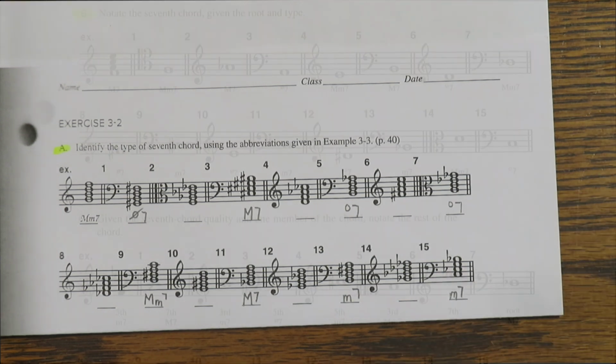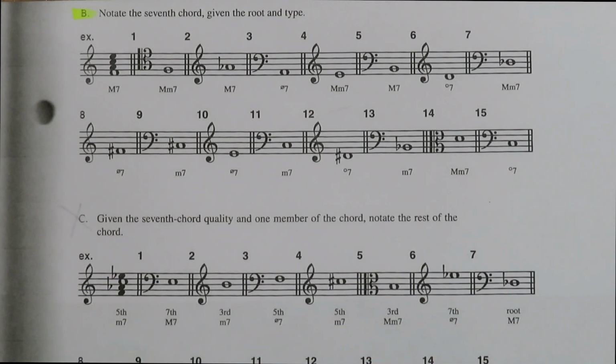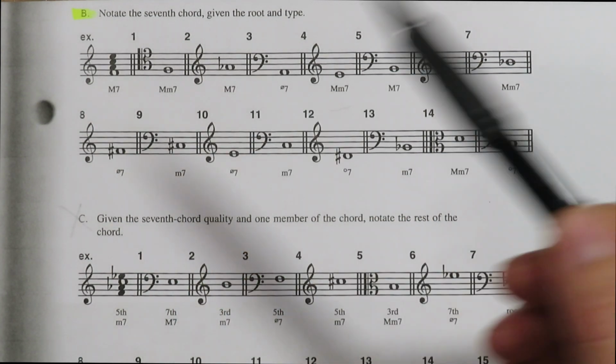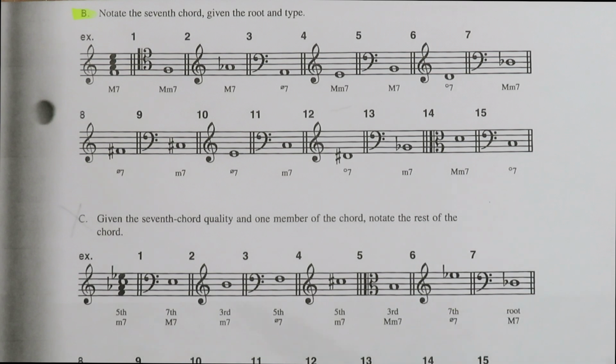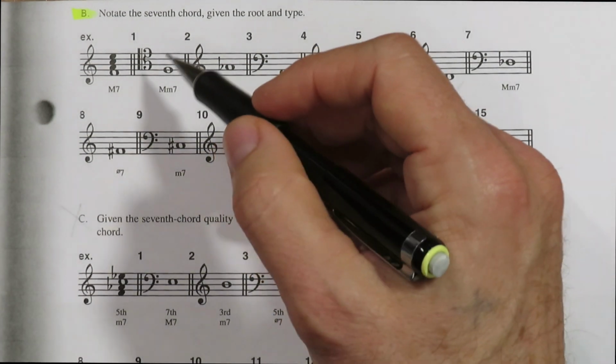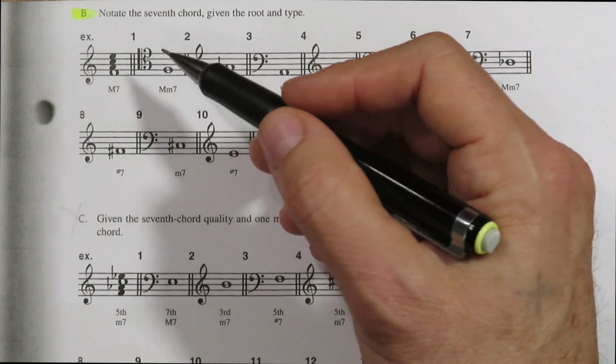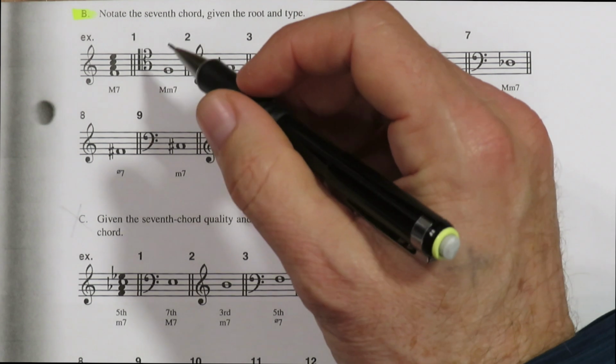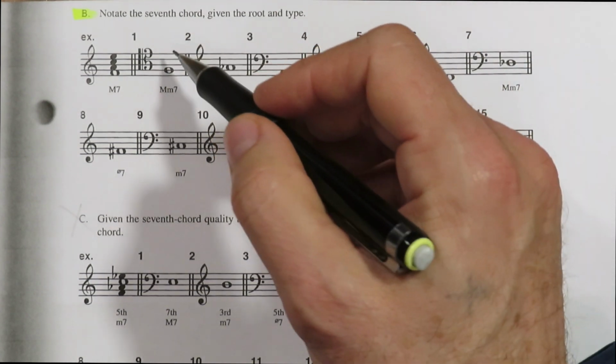Thank you. Hello again. And here we are in part B. We are to notate the 7th chord, given the root and the type. So we start off with number 1 in the tenor clef. Great. So let's see.